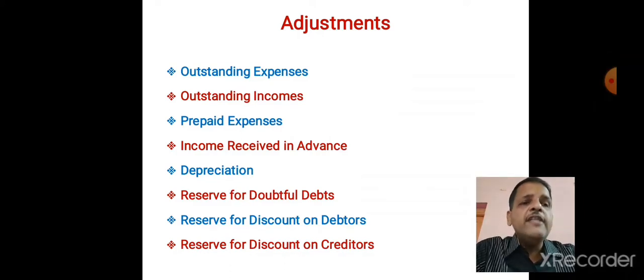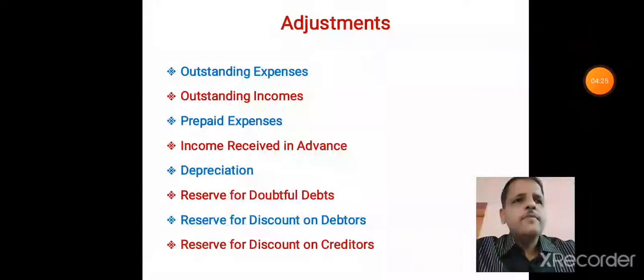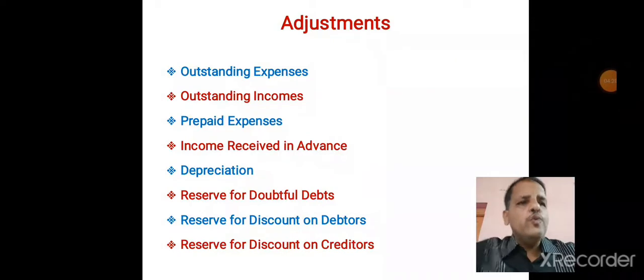If they are not given, no problem, we just deduct whatever percentage reserve is given from the liability side of the balance sheet from the item sundry creditors and show it on the credit side of the profit and loss account as by discount on creditors. But if that discount is given, old reserve is given, then we have to deduct or we have to add which amounts. Let us see.